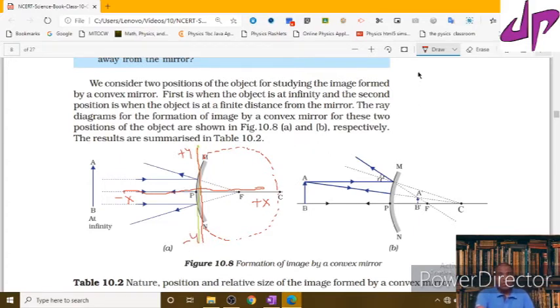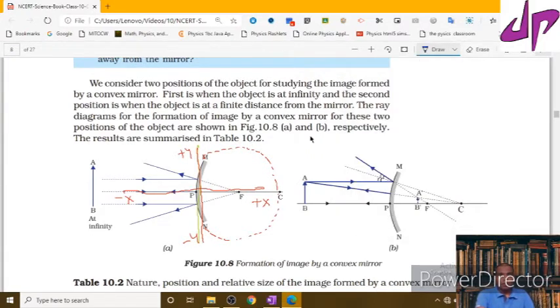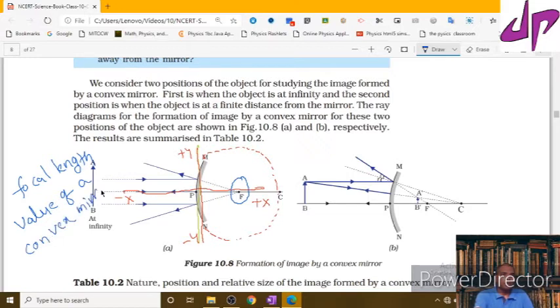Now here you can see where the focal length is. The focal length is here, on the positive x-axis. So the focal length value of a convex mirror is positive. Focal length of a convex mirror is positive.